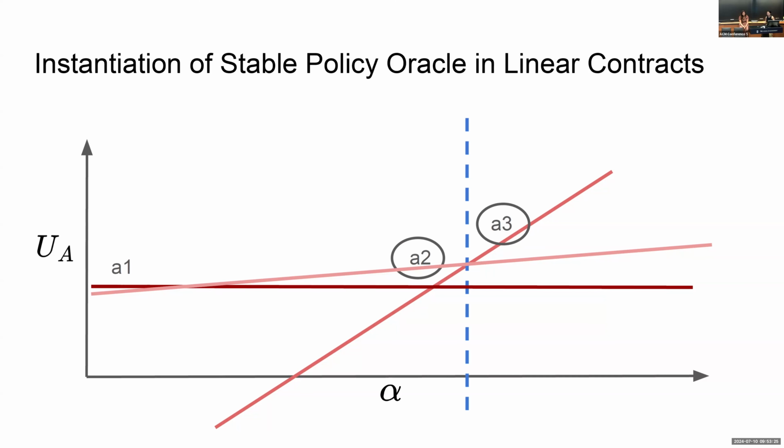But this policy might not be stable, because there could be more than one action that is a best response to it, like A2 and A3 here. Then we increase alpha by a very small amount, and A2 is no longer the best response, but A3 is.